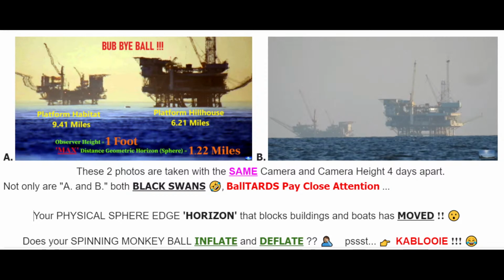It doesn't matter anyway. The second photo is another Black Swan. Why? Well, where's the horizon in this photo? At one foot observer height, pretty close, because that's Platform Hill House, right? So that horizon right there is pretty close to 6.21 miles away, isn't it? I'll put it at 6, which gives you an R value of 95,040.